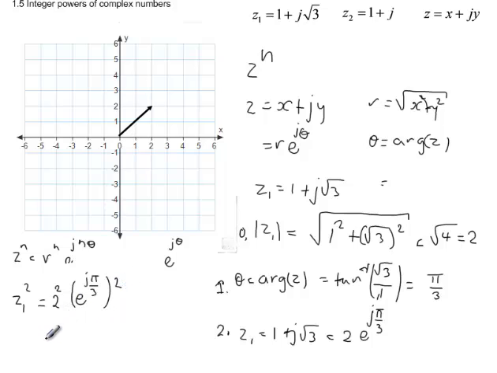Then we do that, we get 4. And then here you're going to get 2 pi divided by 3, which is a bigger angle than this one. Is that right? So we are going to have here now e^(j 2 pi divided by 3).